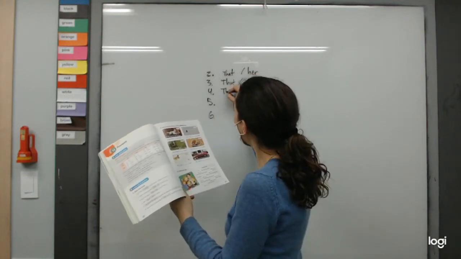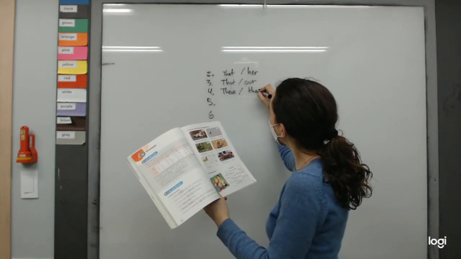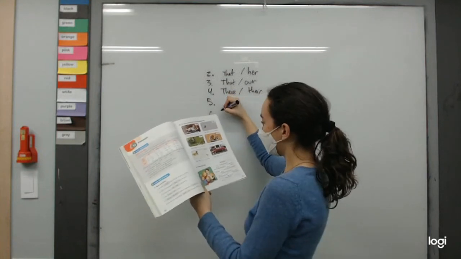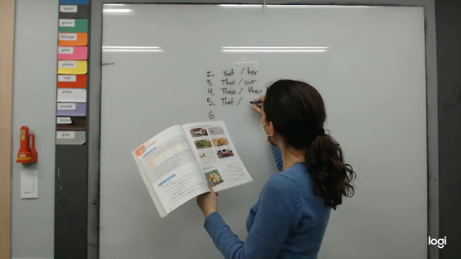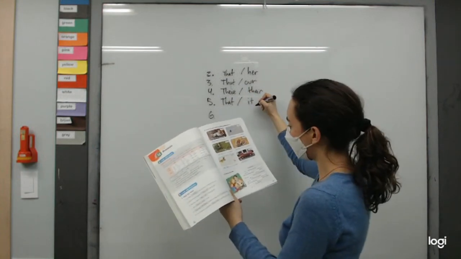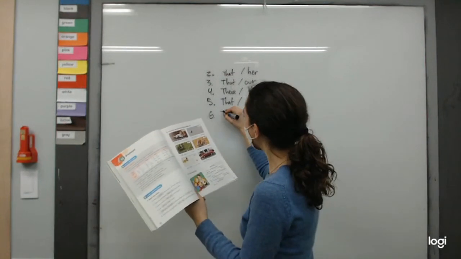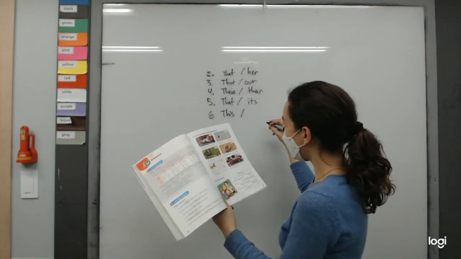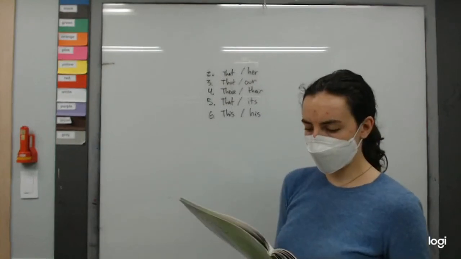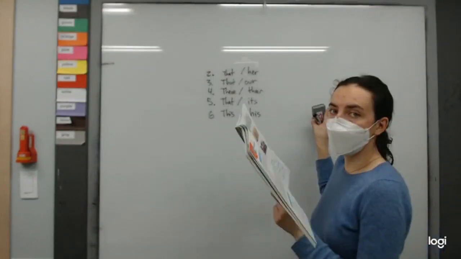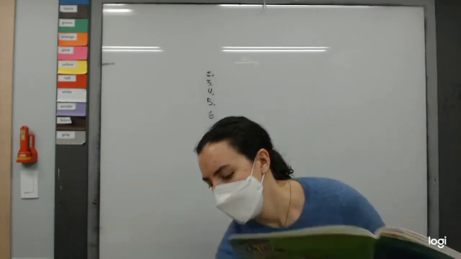Number 4, these, because many, this is 1, are their cookies. 5, that, far, is its or the cat's, both okay, its food. And number 6, this is my dad's or his, both okay, car. Okay. Pause to fix your answers and I will erase.